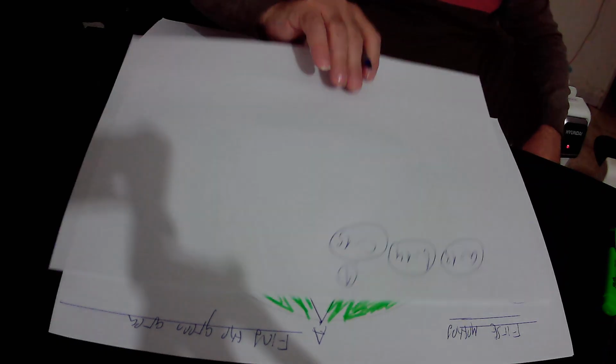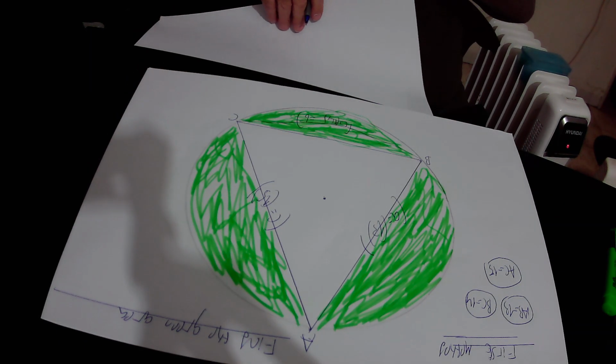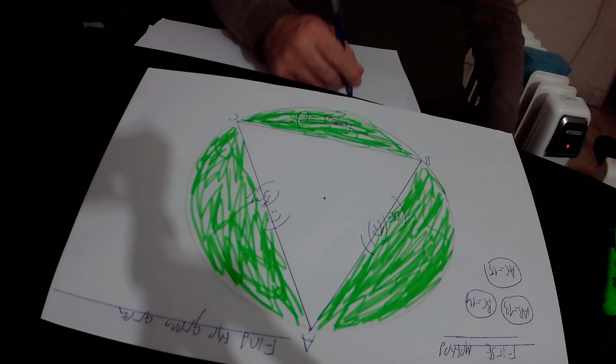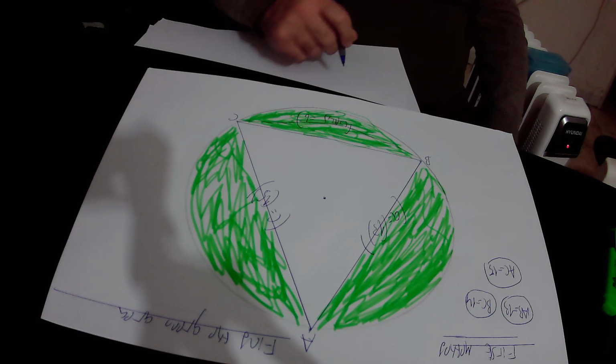In the next step we will find the semi-perimeter of triangle ABC. According to rule number 4, the semi-perimeter S equals A plus B plus C over 2. That is the perimeter over 2.